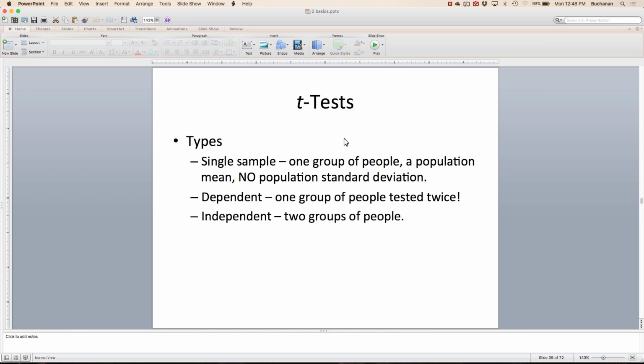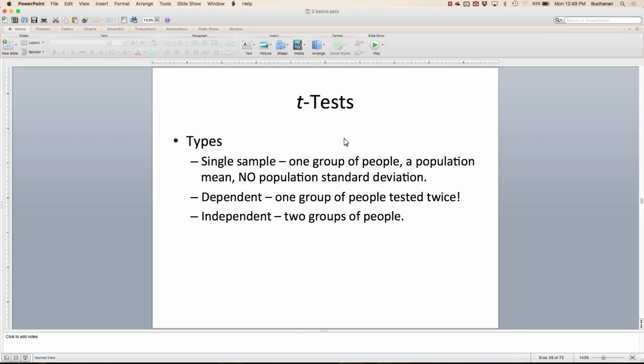A dependency test, sorry, I should have written these in order. Dependency test is still one group of people, but they're tested twice. So you kind of got time 1 versus time 2. It doesn't have to be time. It could be 2 different scales that you're testing them on, but generally it's kind of like a before and after.